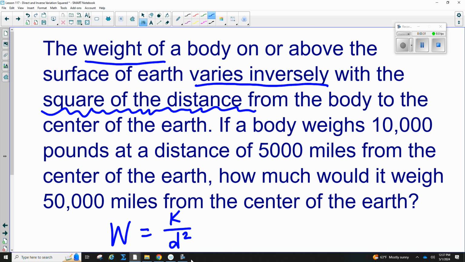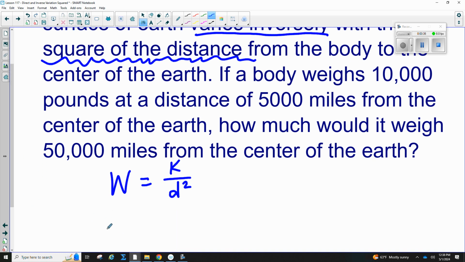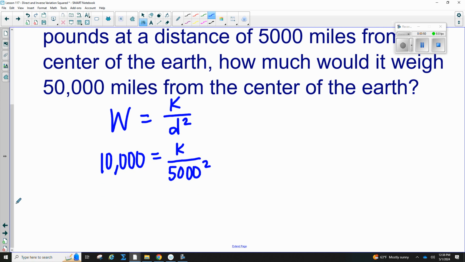Now it says if a body weighs 10,000 pounds, so the weight of the body is 10,000, at a distance of 5,000 miles from the center of the earth, sorry, 5,000. Okay, so we plug that in. 5,000 squared. I suppose you could evaluate that, or we could just multiply both sides by 5,000 squared to get it out of the denominator here.